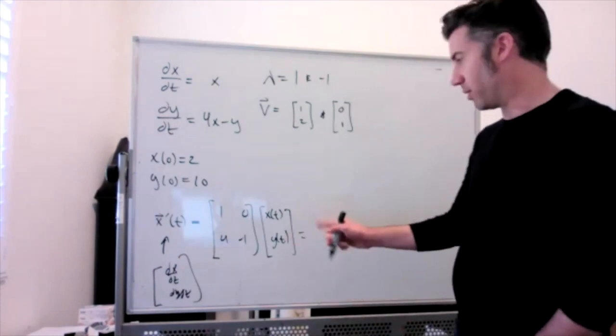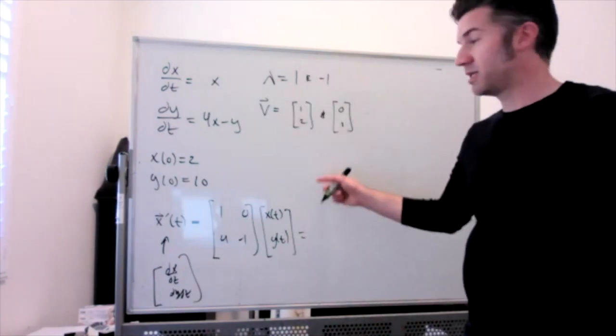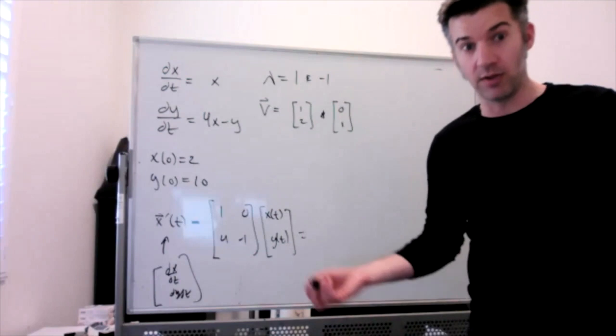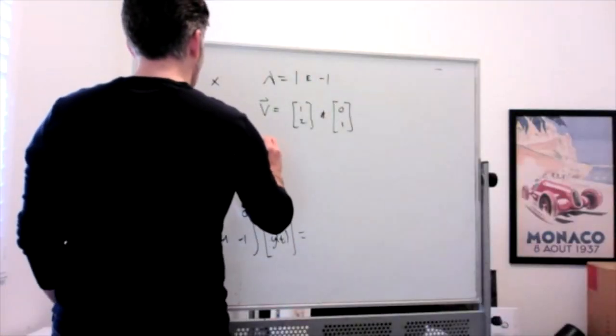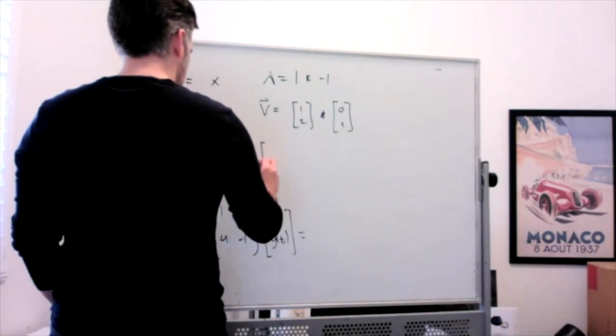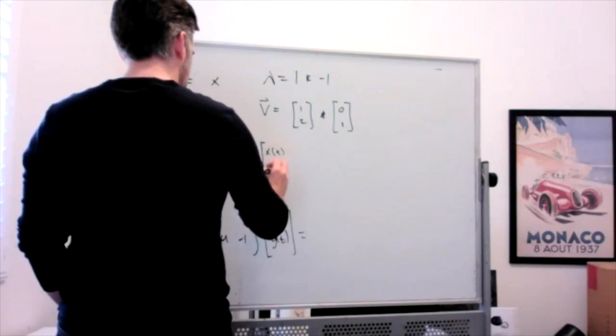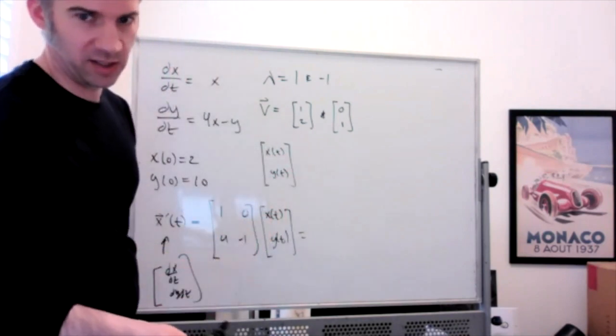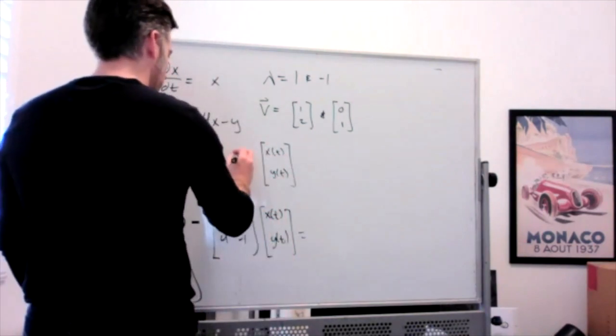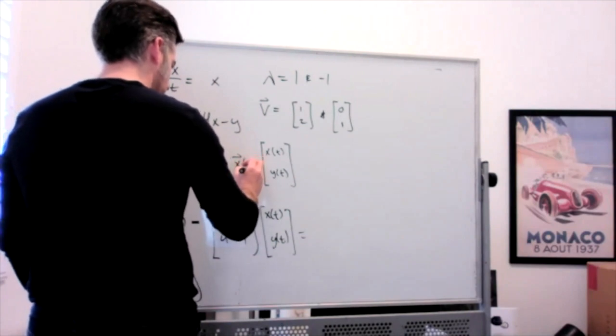But what I'm really trying to say is we did this, and then we wrote down the solution, right? And the solution, and you're going to want to commit this to memory, is that x of t, y of t. And I'm probably going to start using x1 and x2 because it's a little bit nicer. We call this the vector x of t.